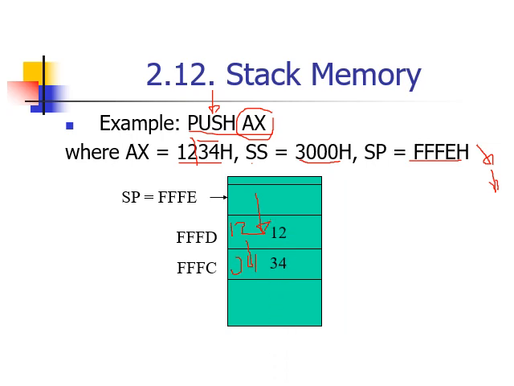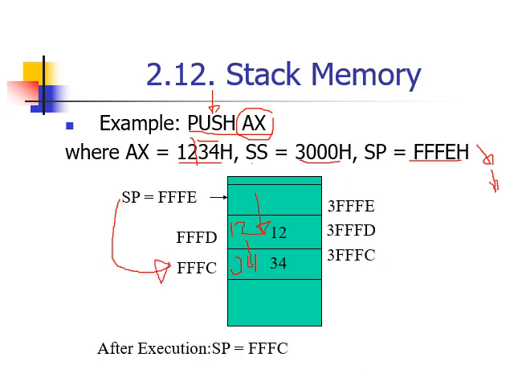Here you are, 12 and 34. Then your SP goes two locations down. It will point to this. Your SP now is FFFC. So these are logical addresses. You have to add the segment value times 10 to these logical addresses to get the physical addresses.